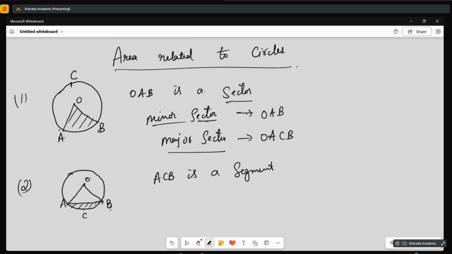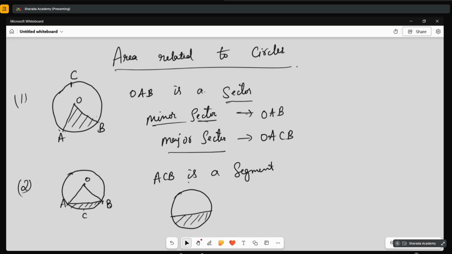Okay. Now, segment. Which is a segment? Any chord and an arc together make a segment. In this also, there is a minor segment and a major segment.